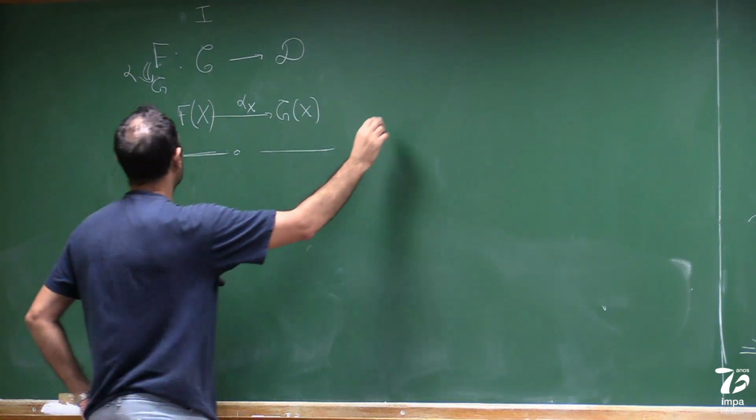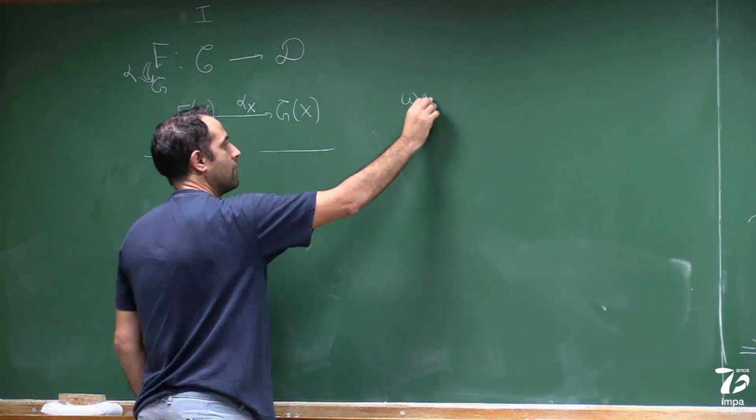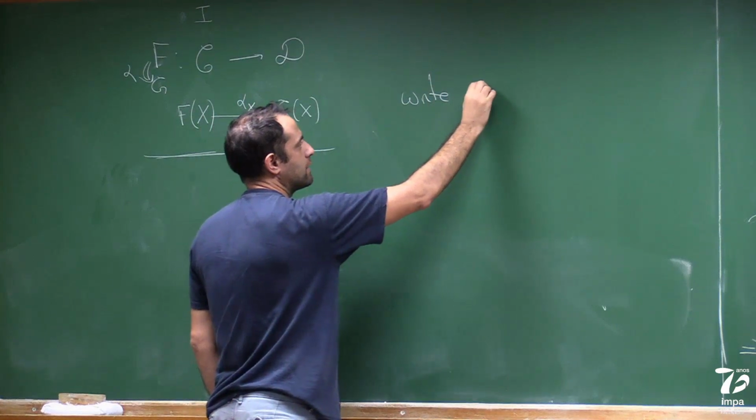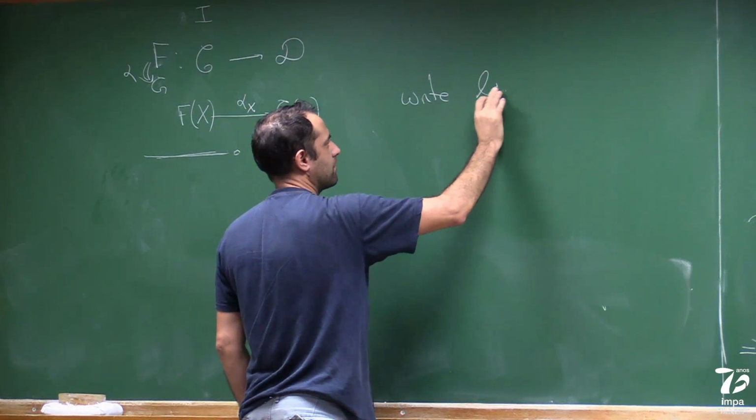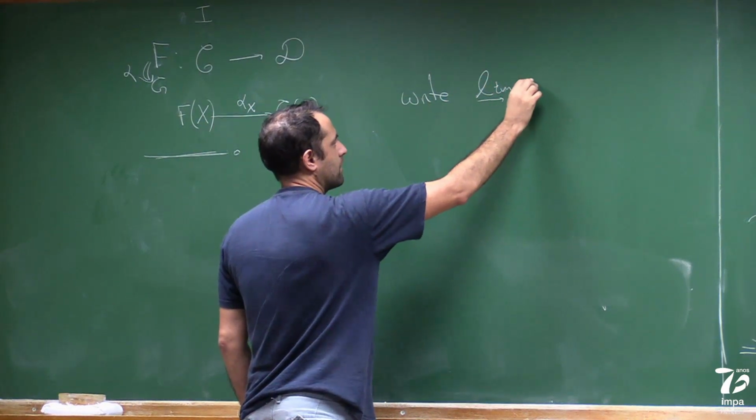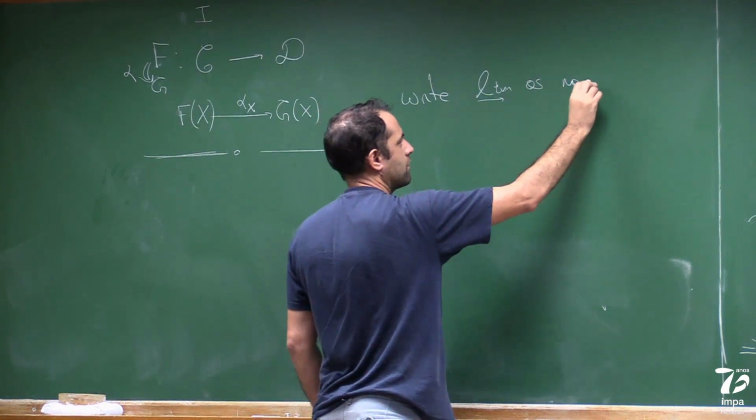So I'll let you think about how to write the notion of colimit as a natural transformation from F.